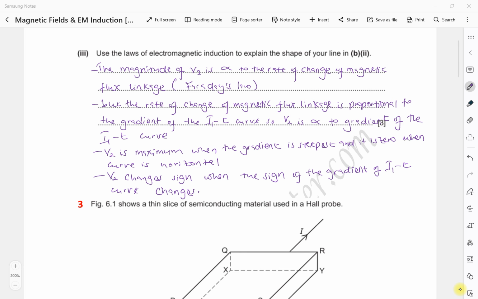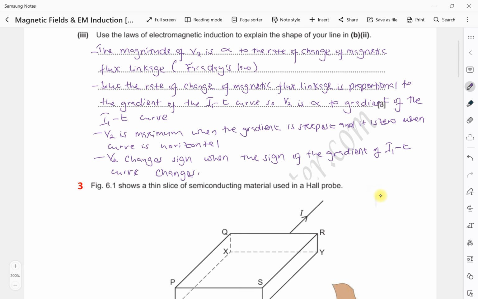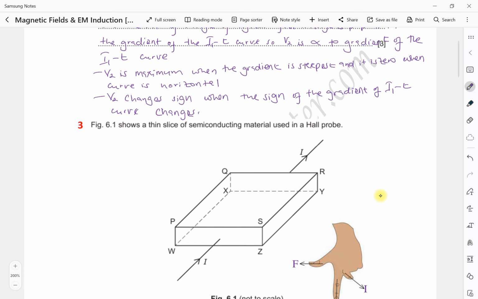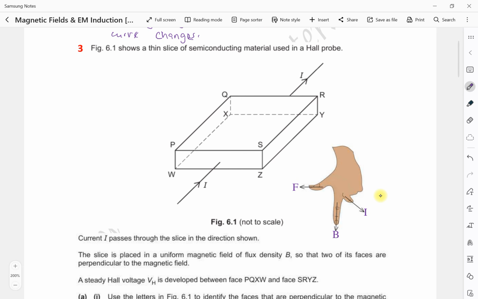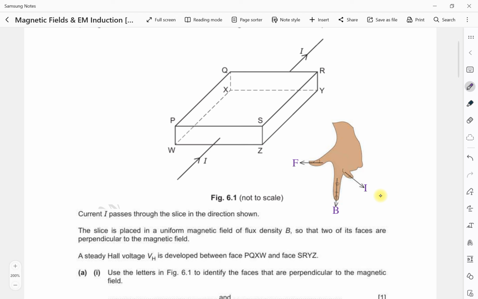So in part two, the first question is: the figure shows a thin slice of semiconducting material used in a Hall probe. You must have studied the Hall probe in your class. Current I passes through the slice in the direction shown.